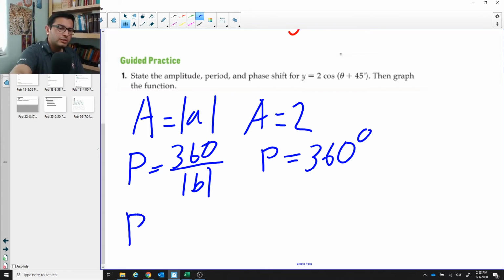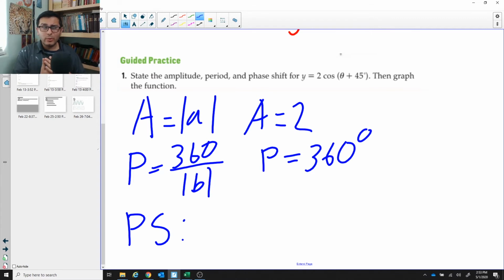Now my phase shift, or PS, I have to look at what is inside and adding or subtracting directly to the theta. In this case, it looks like it's going to be theta plus 45 degrees. So with this particular right and left translation, I have to think of the opposite.